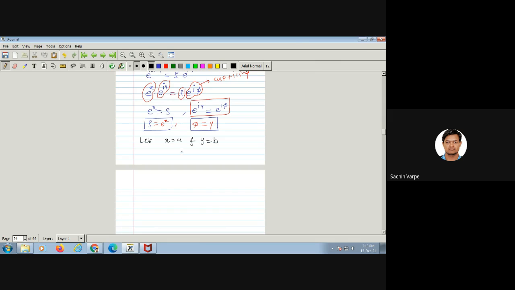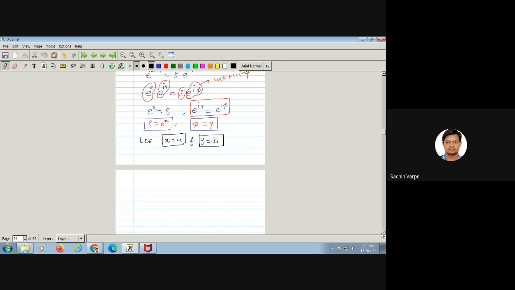So as we know, these two lines are perpendicular to each other, right, in z plane? Yes or no? x equal to a and y equal to b, are these two lines perpendicular? Because this is a vertical line and this is horizontal line, so both are perpendicular to each other.